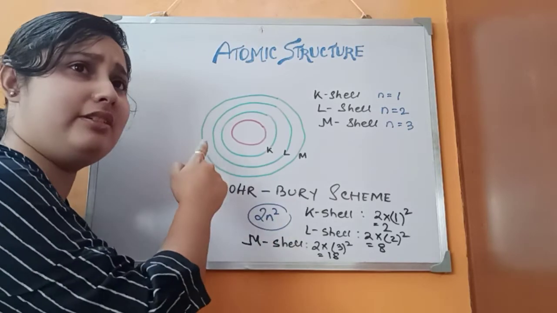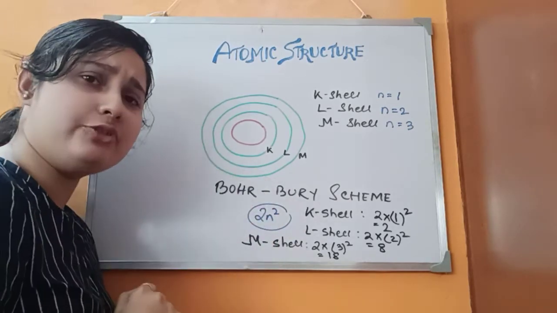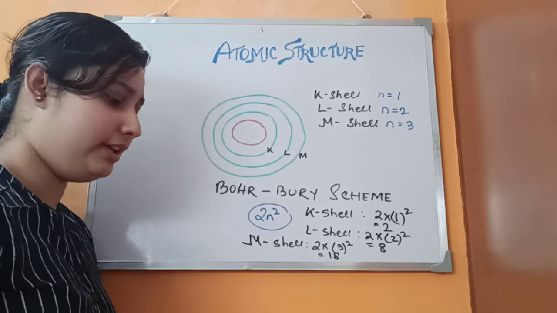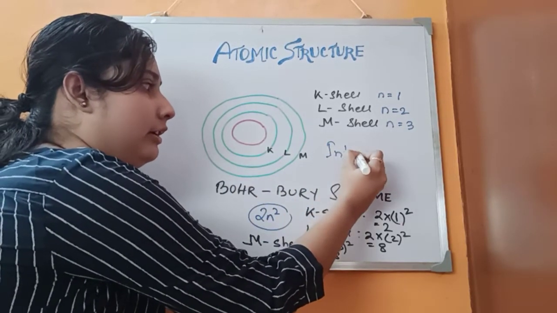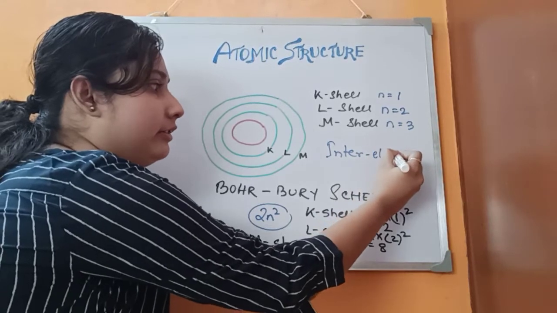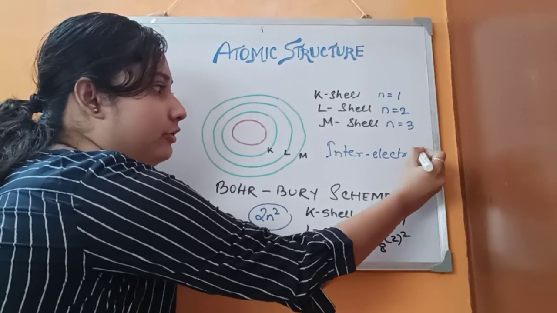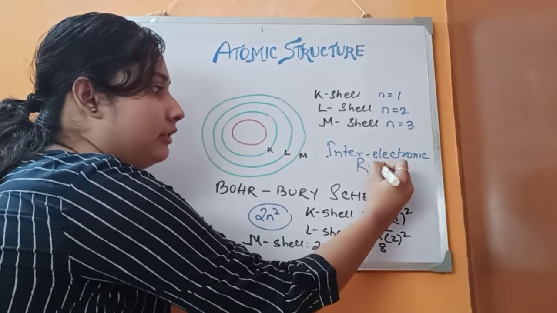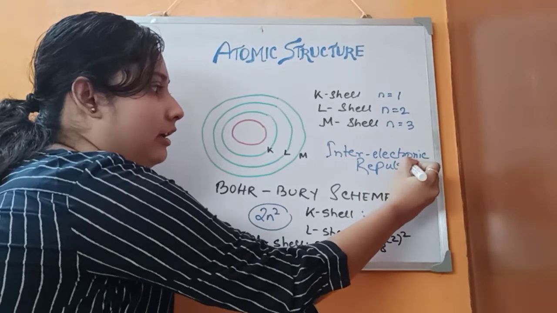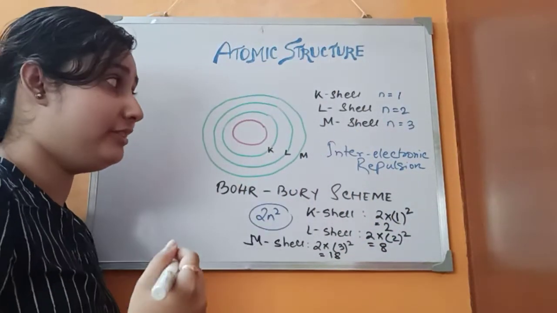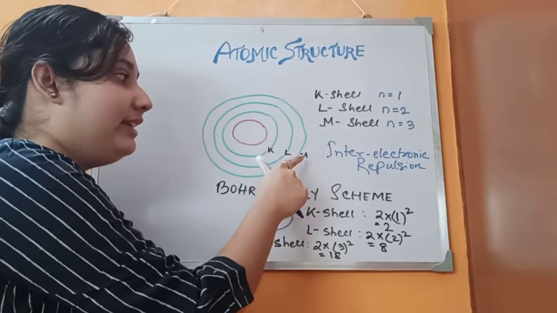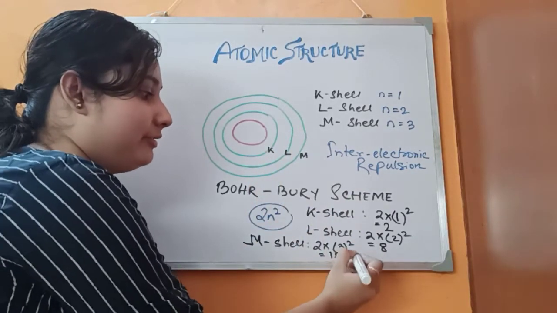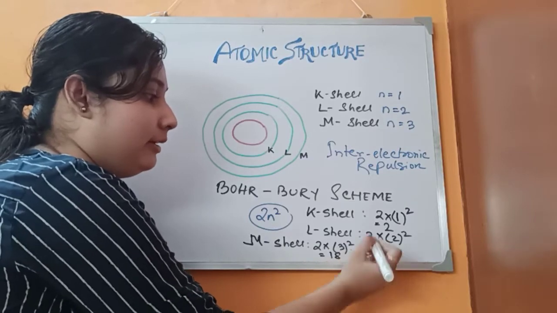So if there are 18 electrons in the M shell, then there will be a strong inter-electronic repulsion. As a result, the maximum electrons that can be accommodated in the M shell becomes not 18 but 8.